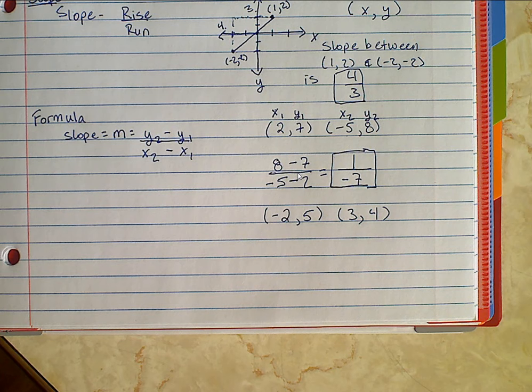4 minus 5 is on top. This is 1 minus 5. 4 minus 5 is on top and 2 minus 5 is on bottom. Should be 4 minus 5, and then 3 minus negative 2.